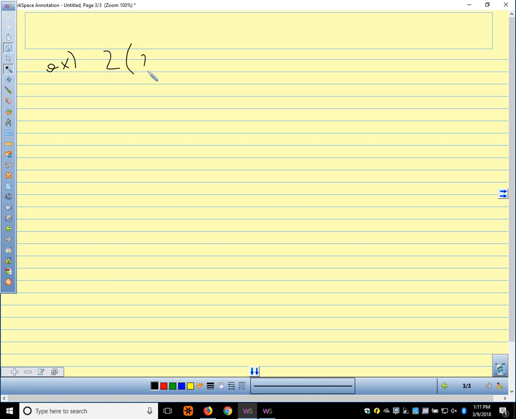2·3^(x-1) - 1... 3^(x-1) = 10. We want to isolate the exponential function. So 3^(x-1) = 5. So 3^x = 6. Take the natural log of both sides.